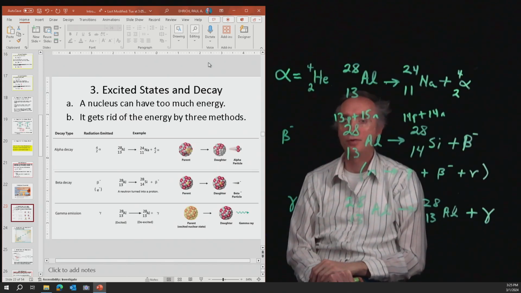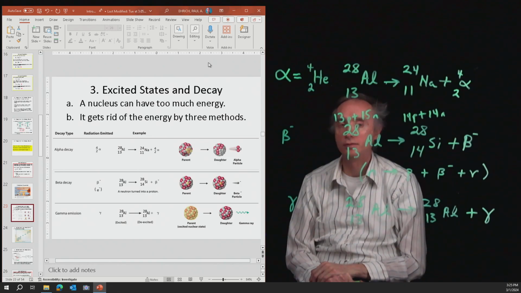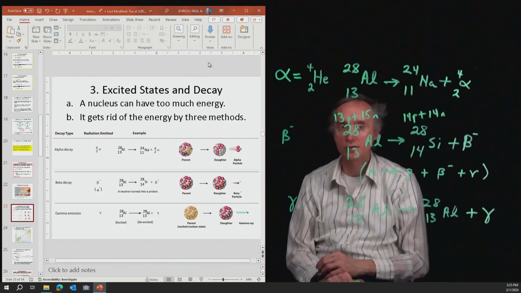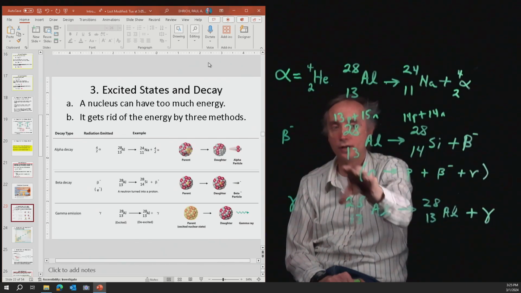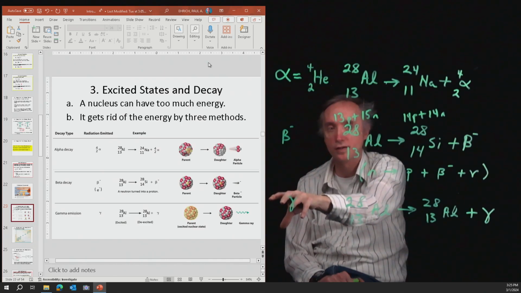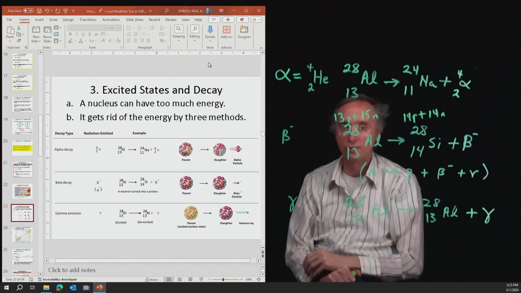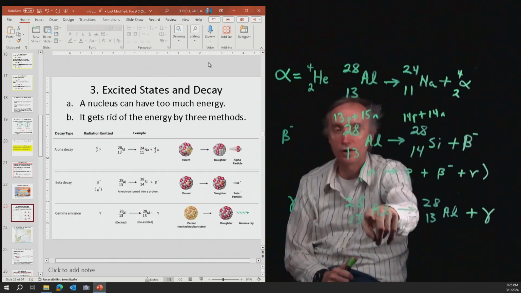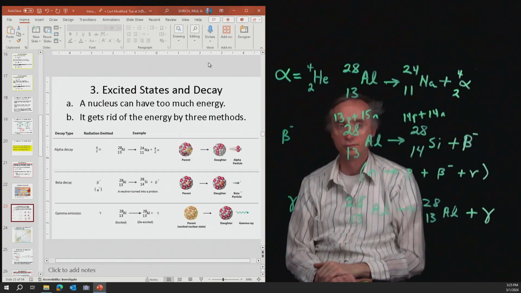Now you have your third situation where it emits a gamma particle. You've heard of the word gamma, remember? Gamma radiation. On the electromagnetic spectrum, you have radio waves, and then infrared and visible and ultraviolet and X-rays and gamma rays. So in this case, you start with aluminum and you end with aluminum.